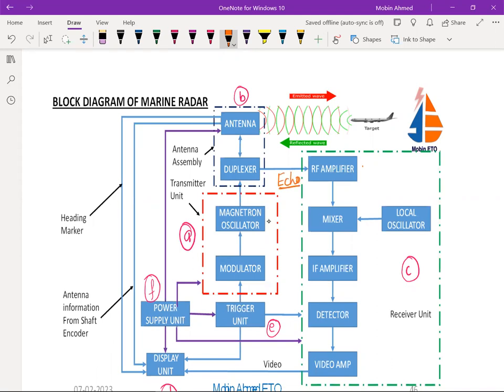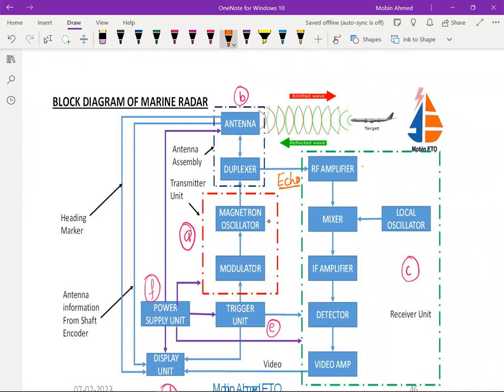Echo is the same as when you shout and hear your own sound return. Although the returning power is very, very small, it is known as the echo.